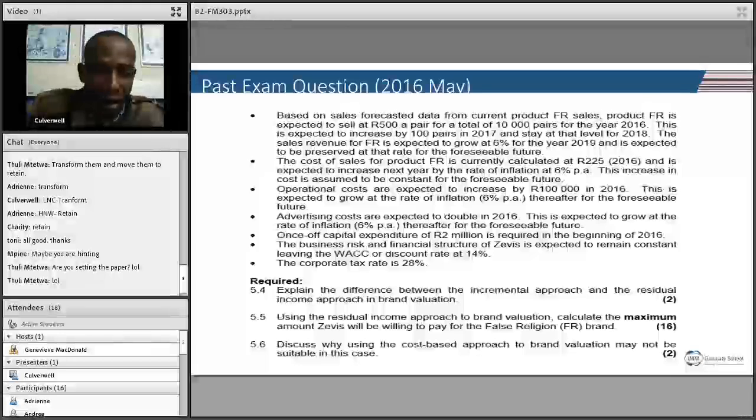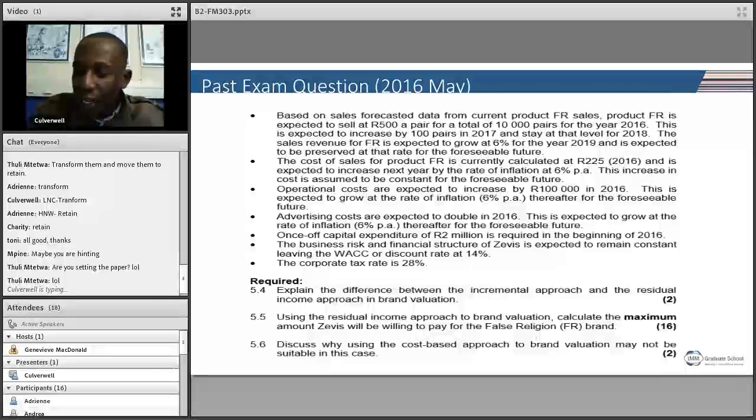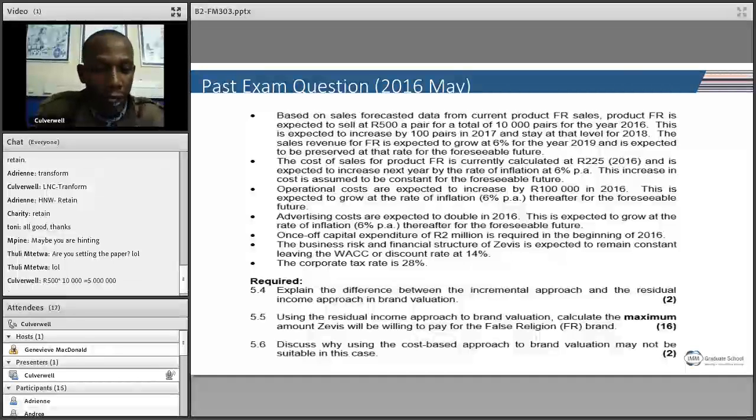Now calculating sales revenue for FR, you're going to say the selling price per unit, 1 pair of jeans for FR, is 500 rand, times the number of units we're anticipating to sell, which was 10,000.